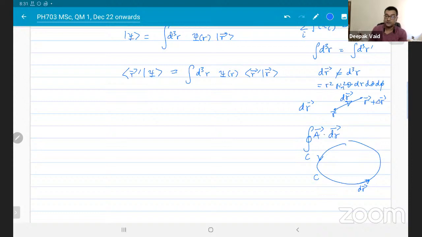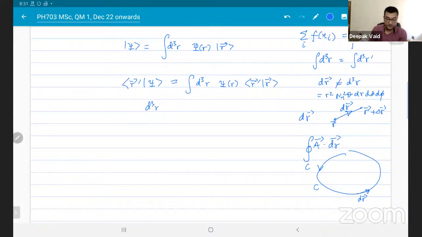So it's d cubed r. Saying d cubed r is the same as saying dx dy dz, or saying dv. It's all the same thing. Okay.